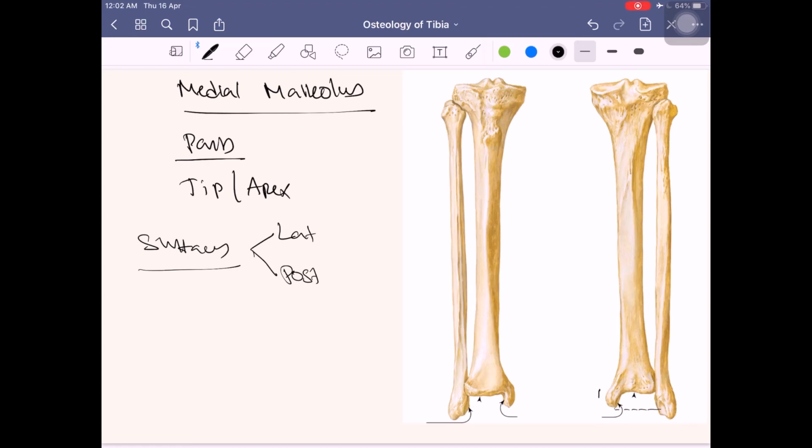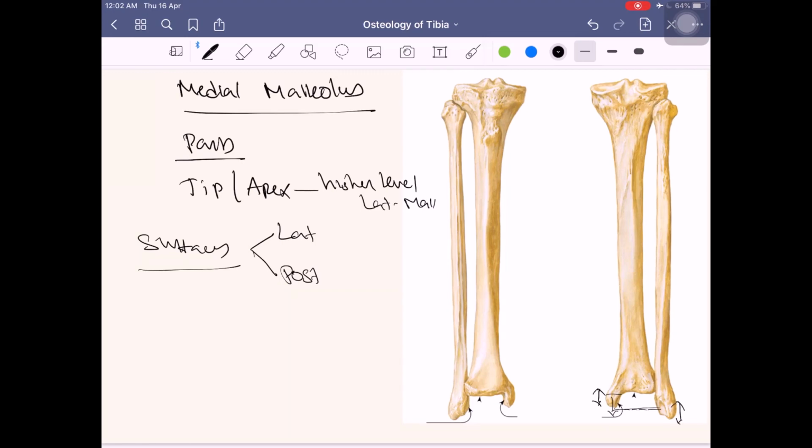The tip lies at a higher level compared to your lateral malleolus. If it is at a lower level, that will indicate a fracture has happened and the piece has gone down. It is something like a styloid process of the radius and the ulna.